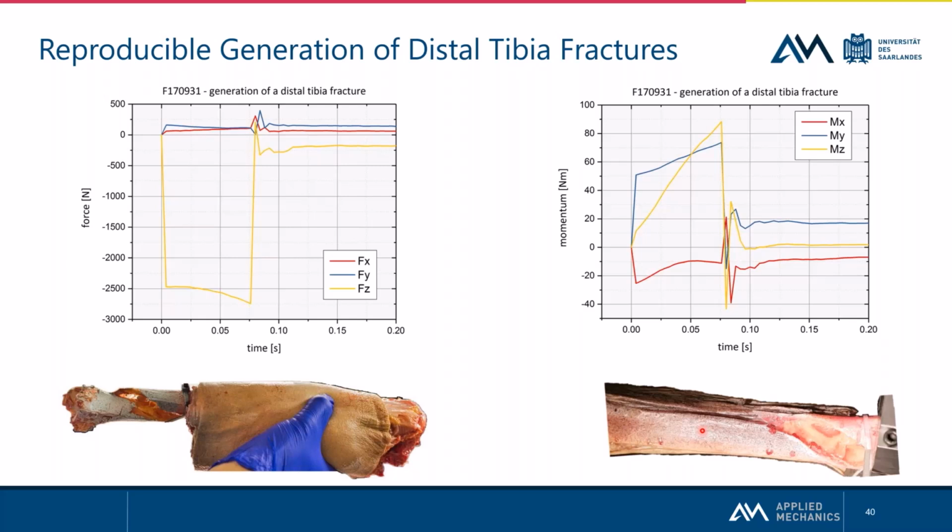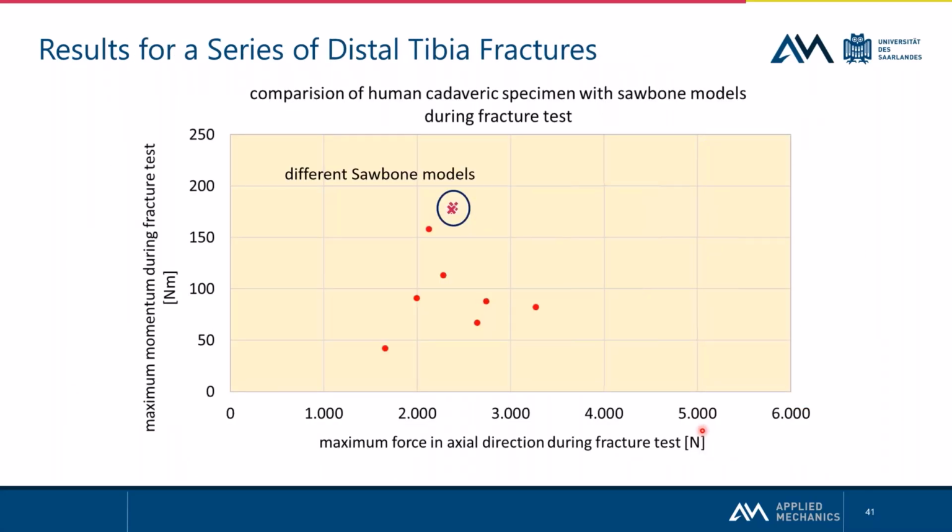You can see for one specimen here that the force during the experiment rises until 2,700 Newton, and we also got a moment of 90 Newton meters during this fracture formation. We're doing this for a series of distal tibia fractures, and you can see that there's a large scattering from our human cadaveric specimens.